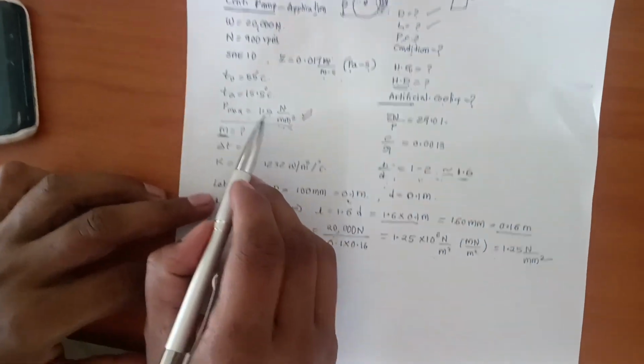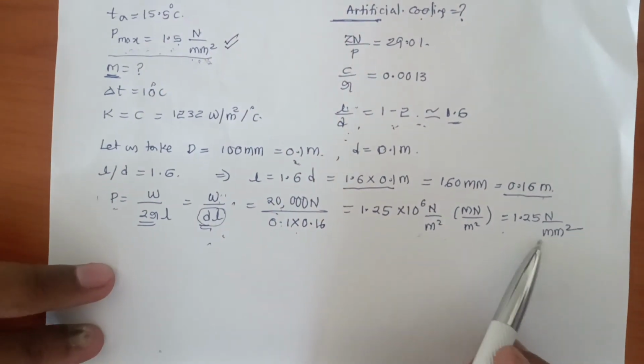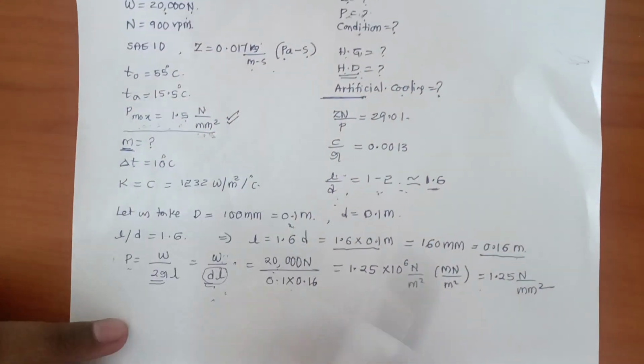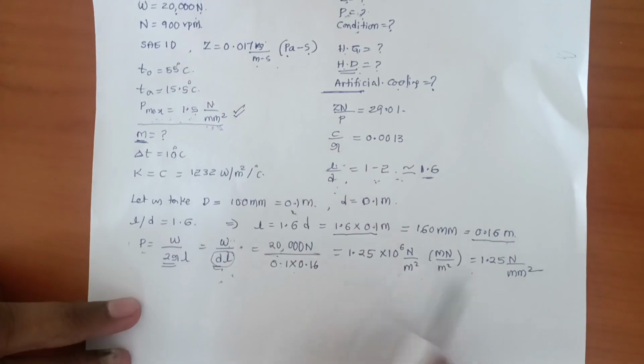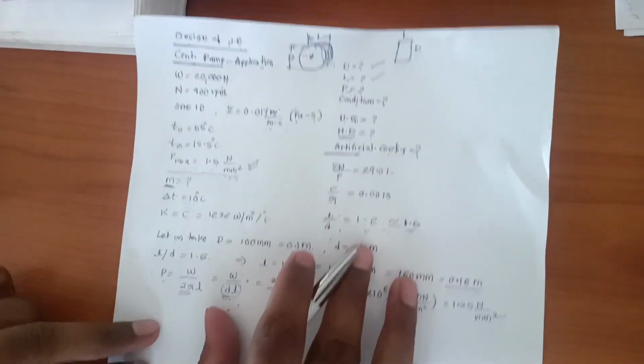Okay, now you can check with this value. This is the maximum permissible value. This is the calculated value. So you can say simply the pressure is within the safe range. That means the diameter and length are also in the safe range.